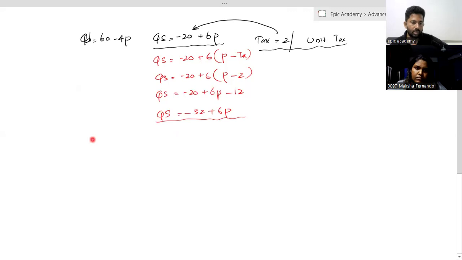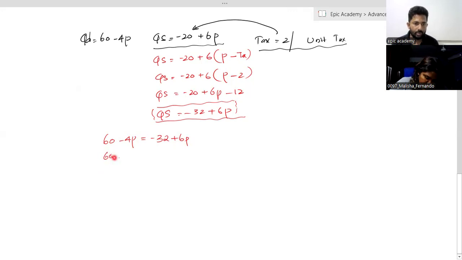So now the new QS equation is there. Then you have to equate the old demand equation with the new supply equation. That means 60 minus 4P must be equal to minus 32 plus 6P. Yeah, that's good.